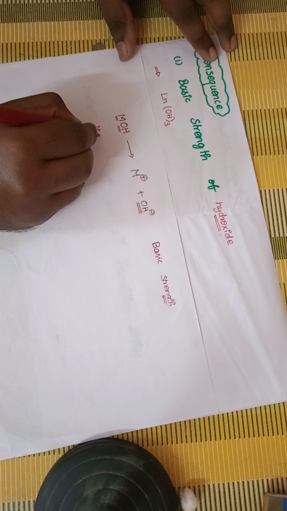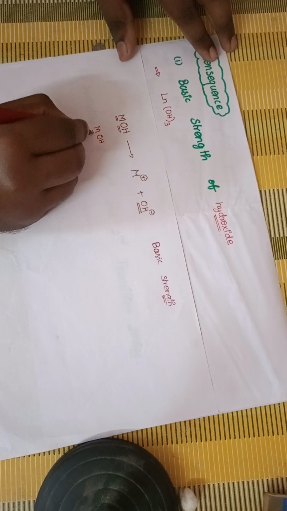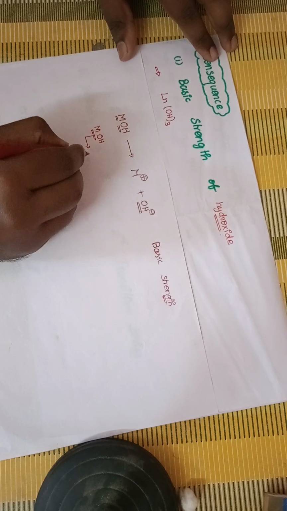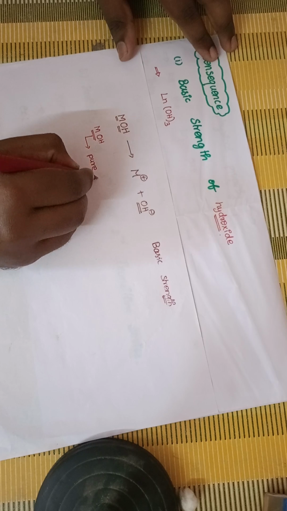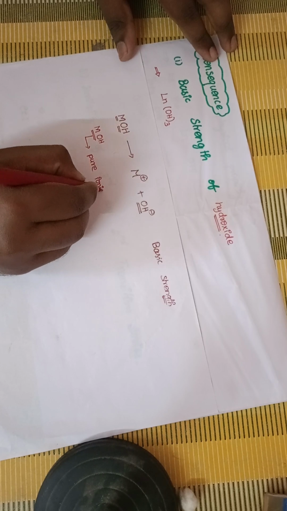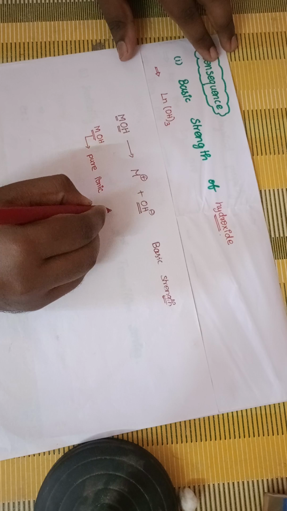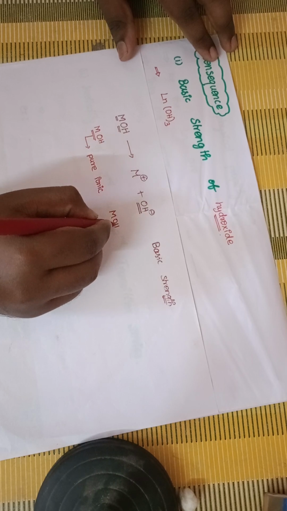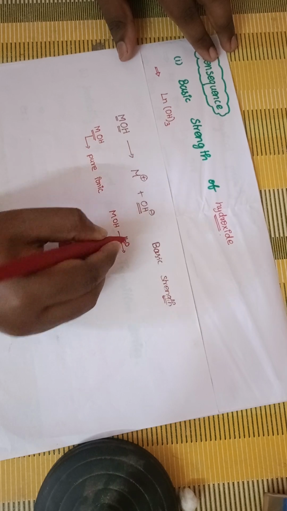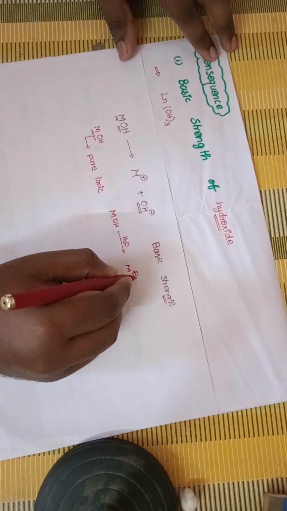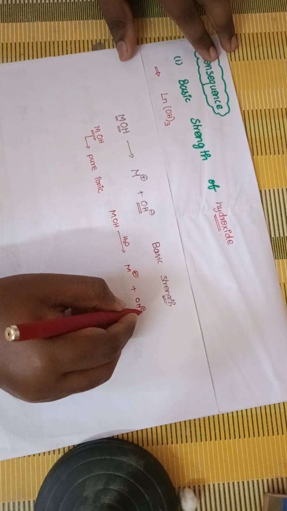Now consider if the MOH bond is pure ionic, then on dissolving MOH in water, it is ready to give M plus and OH minus.